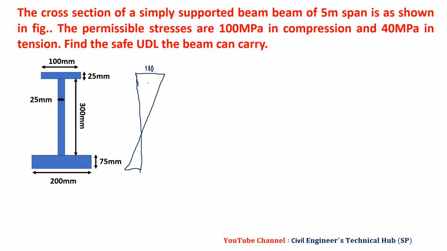It is not 40 below, keep in mind. Another permissible value is given, 40 below. What is the value at top we do not know. So this will be sigma T as 40, this is tension. Sigma C over here we do not know.